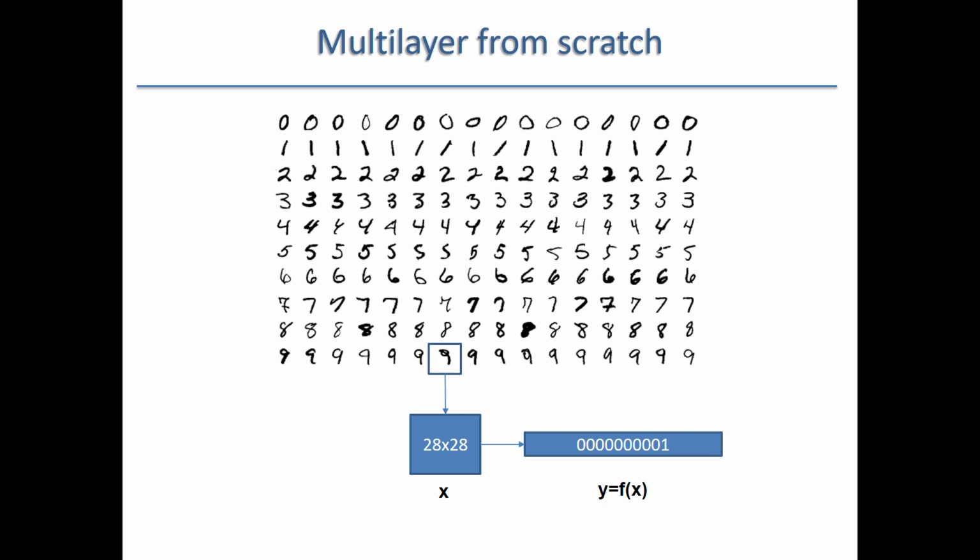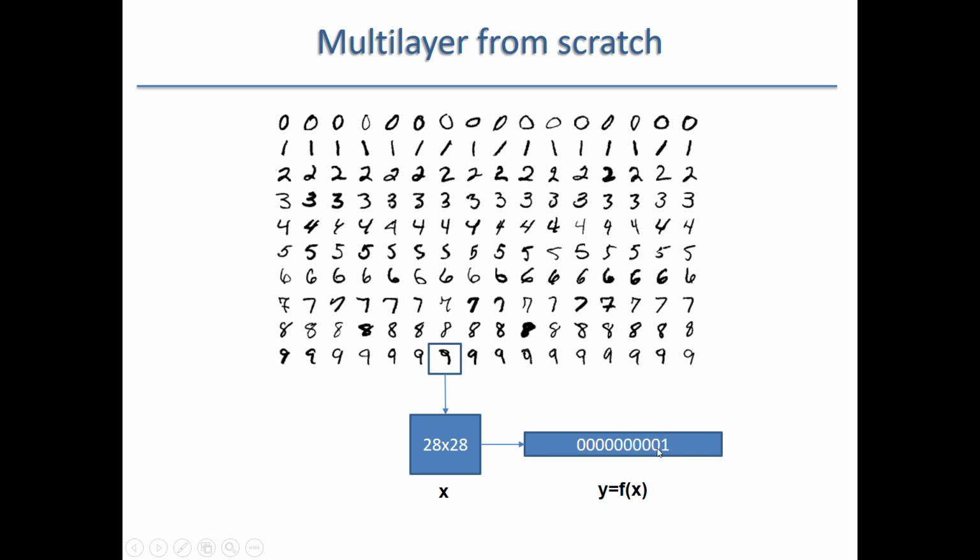The input vectors are vectors of size 28 by 28 pixels. We will call them x, and then for each x we want to construct a network that produces a one-hot encoding of the output. So this is number 9, so it will be 0000000001. This 1 is because it is 9.